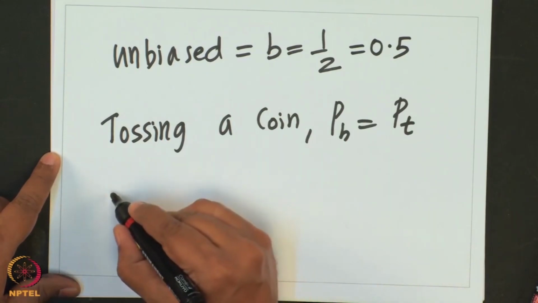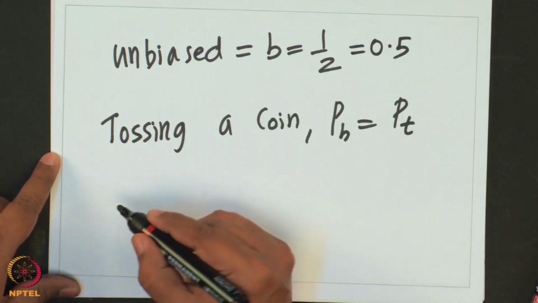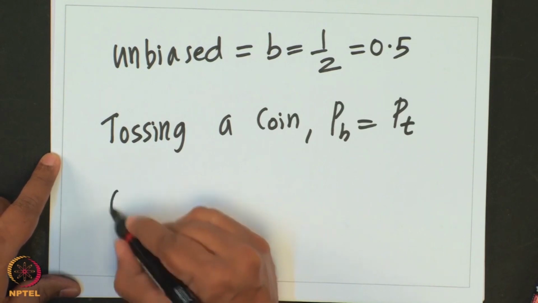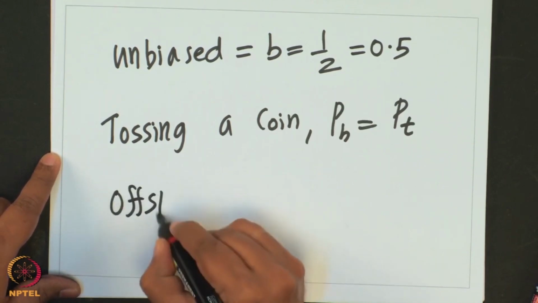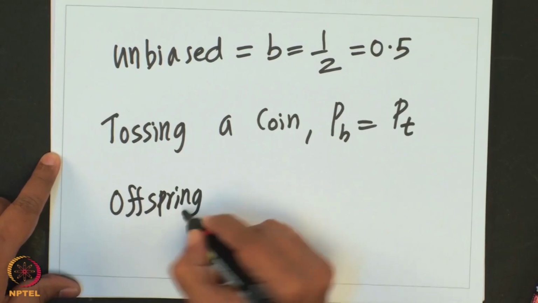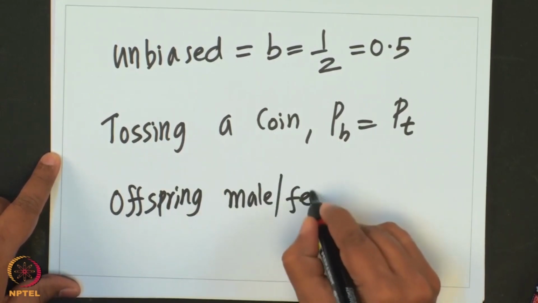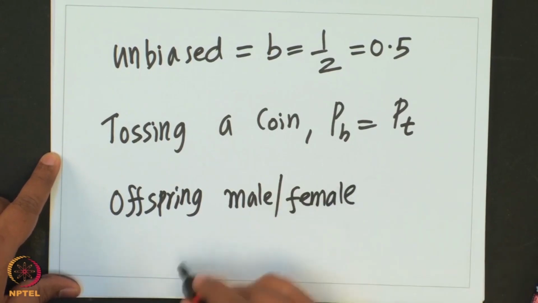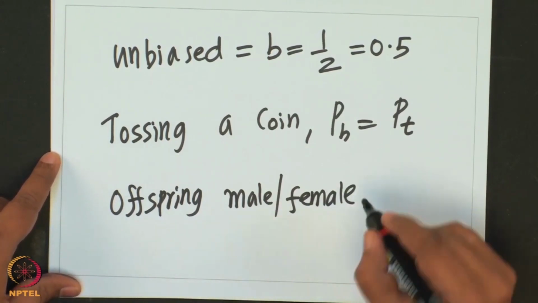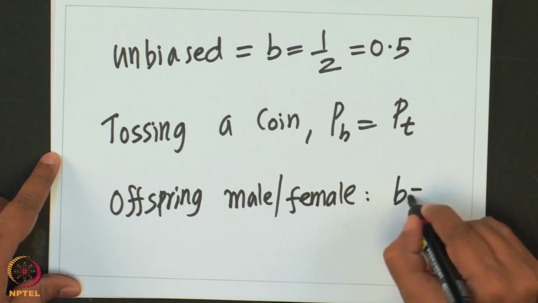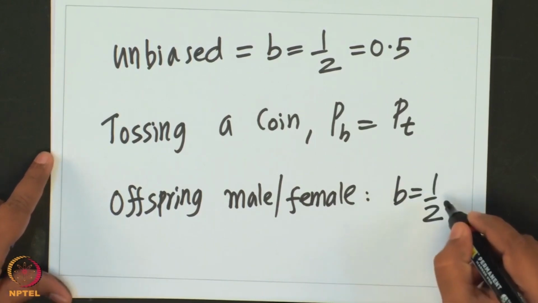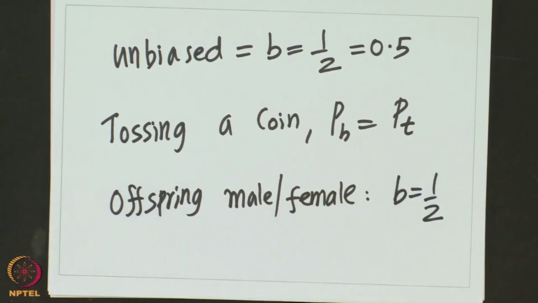Same with offspring: the likelihood of the offspring being a male or a female is unbiased. So the probability of either of these is half.